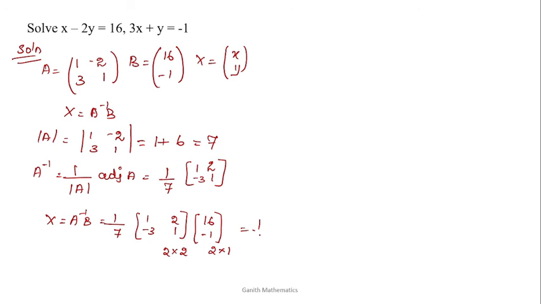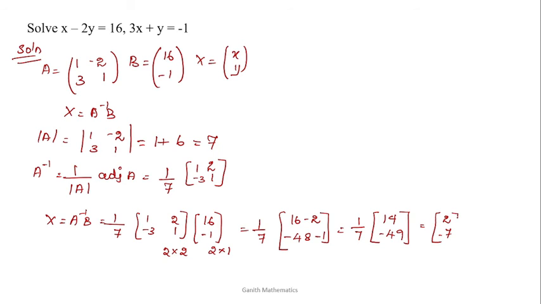We keep the 1 by 7 as it is, and this will be 16 minus 2 and minus 48 minus 1. So 1 by 7, 16 minus 2 is 14, and minus 48 minus 1 is minus 49. If you divide, this becomes 2 and minus 7.